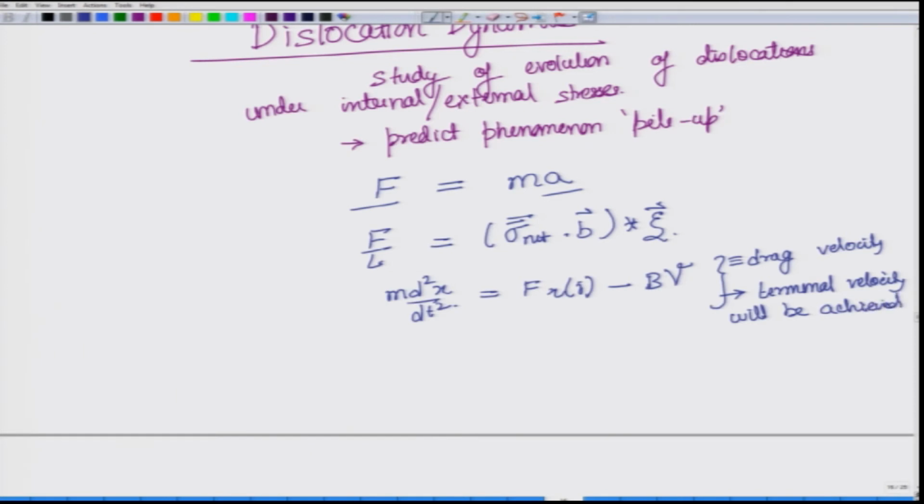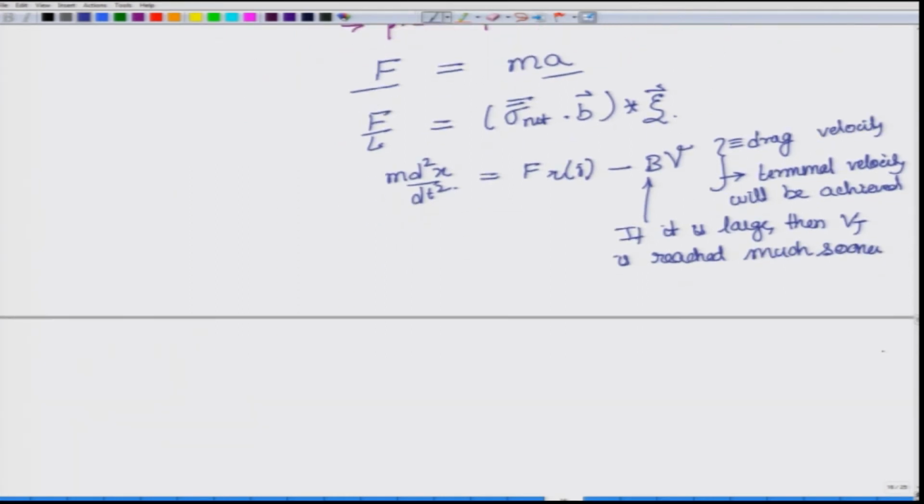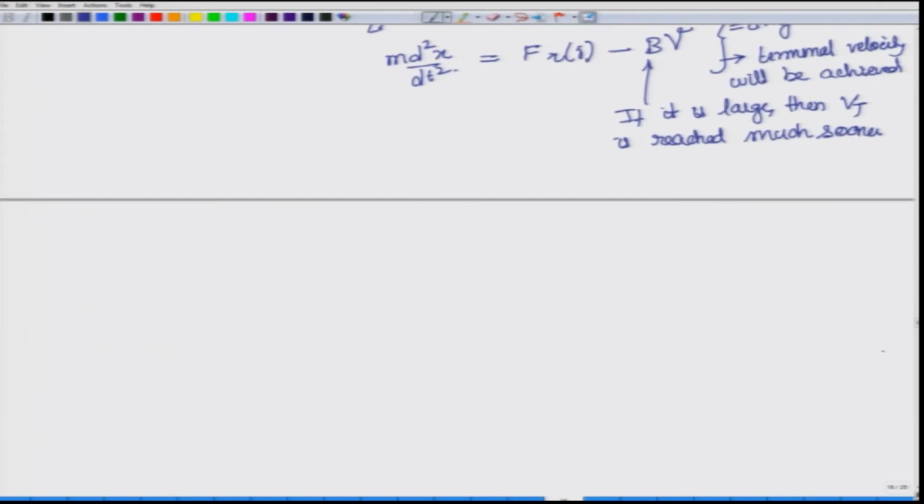And what is more is that if the damping force, that is B, is large, then terminal velocity Vt is reached much sooner. And we know that damping forces are very large.